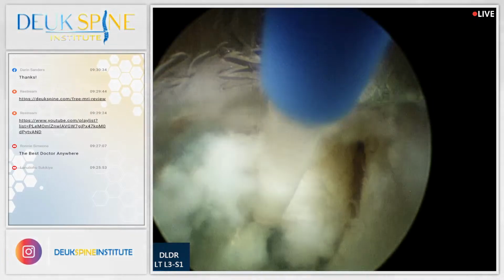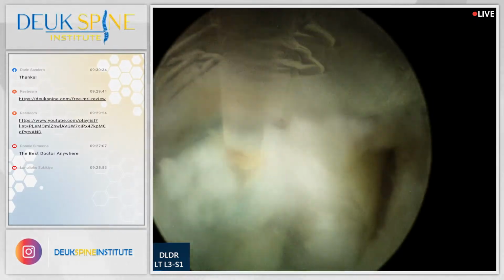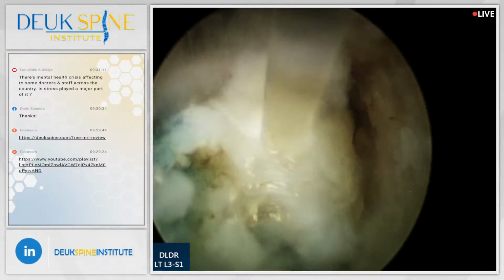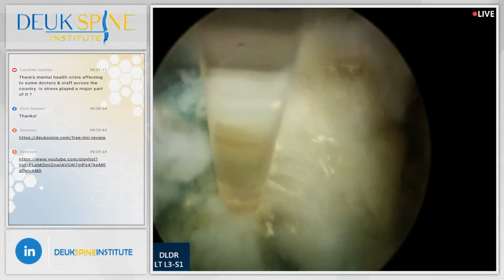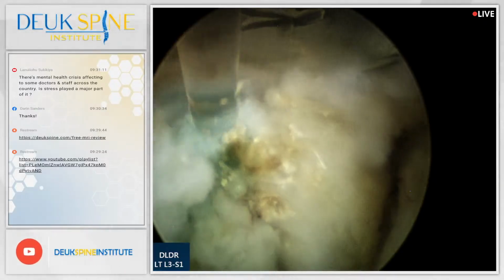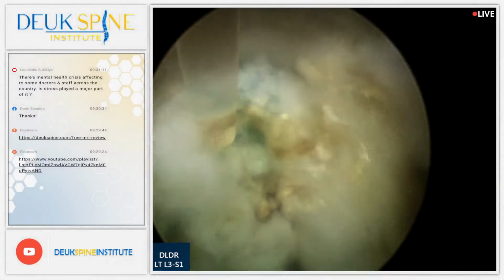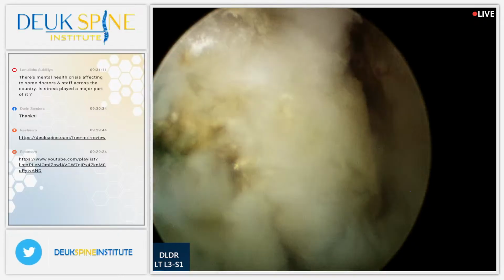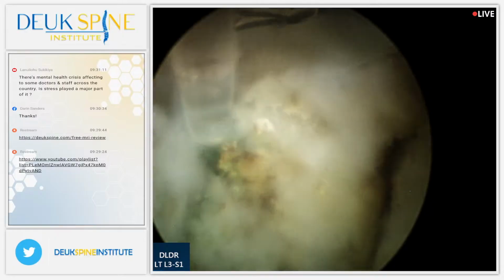So it all just depends on what we're doing. Every fusion is different. There are many, many ways to do fusion. And unfortunately, there are many doctors that cut corners to save cost. I don't do that. If I'm going to do a fusion, I do it the right way.